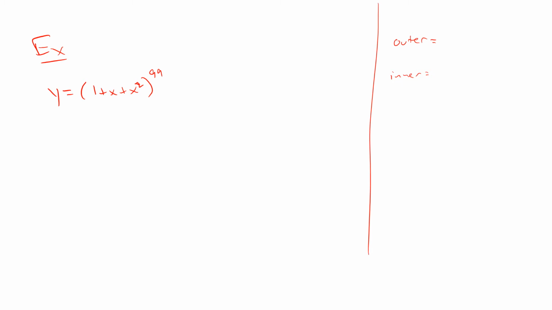My outer function is something raised to the 99th power. But then the thing on the inside, the thing that I'm raising to the 99th power, is that 1 plus x squared.